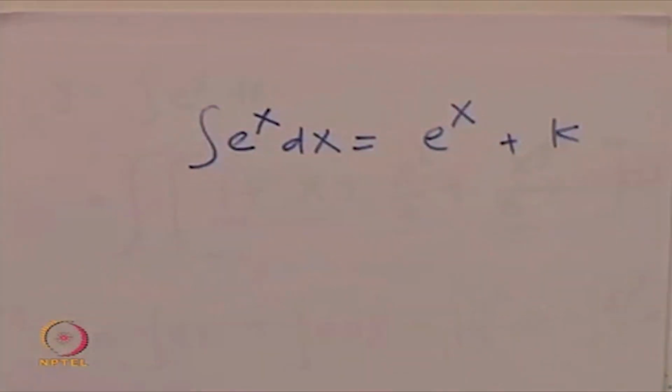Some constant, like c, some number, it could be any number, 1, 23, minus 23, 100, depending on the k. You can put any arbitrary number, and you know the derivative of this is this. So, the derivative of e power x is e power x itself, and the integral of e power x is e power x itself.